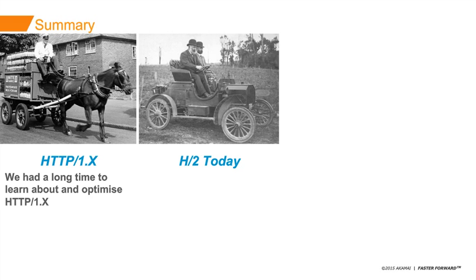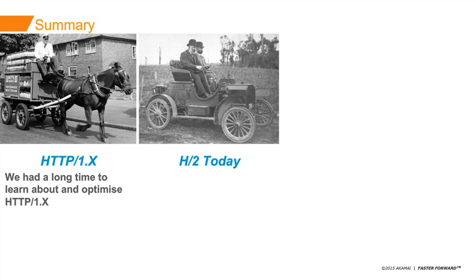So a quick wrap up from me before I hand over to Rick. We had HTTP 1.1 for a while. It was the horse and cart of the transport world. This was great because it gave us a long time to learn about it, understand it, and optimize the delivery of what we were doing. If we think about where we are today with H2, we're probably at the initial stages of the first car.